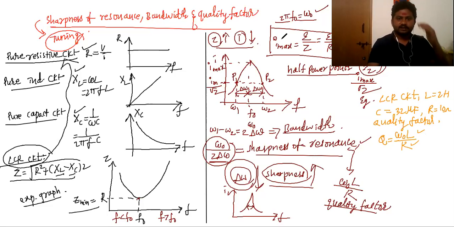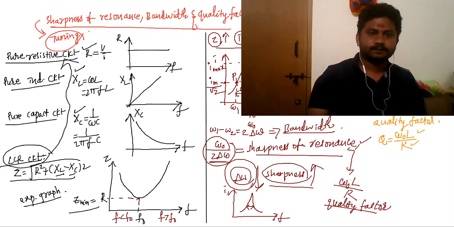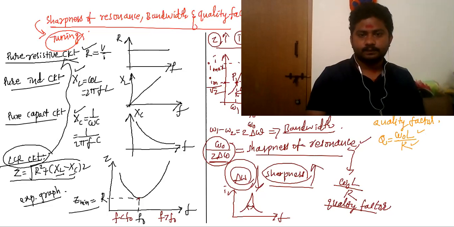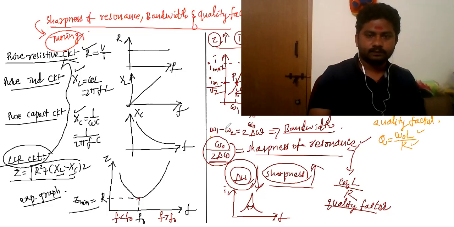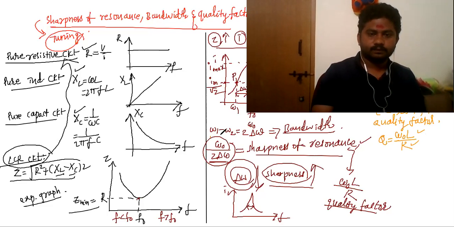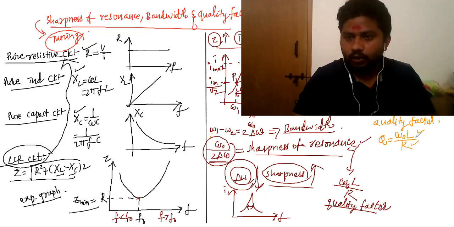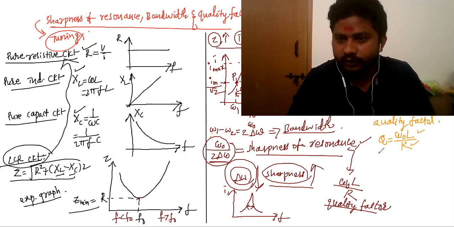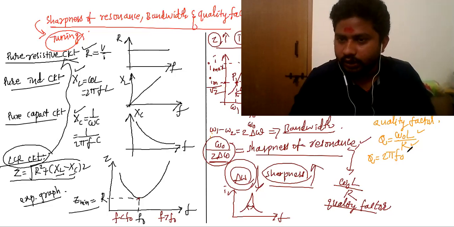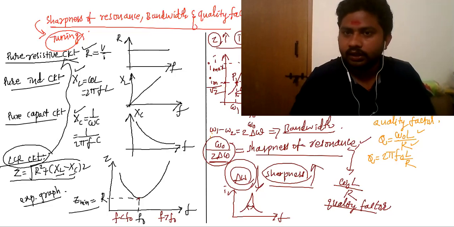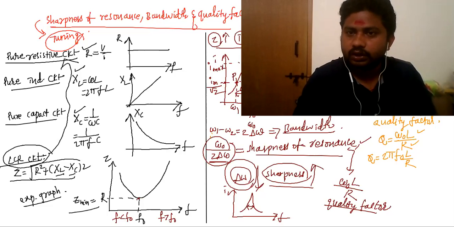So Q is equal to omega naught, which is 2 pi f naught, into L by R. We know f naught is equal to 1 by 2 pi root LC, so 2 pi f naught is 1 by root LC.